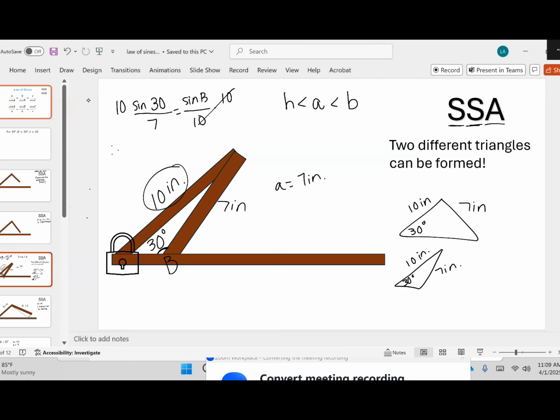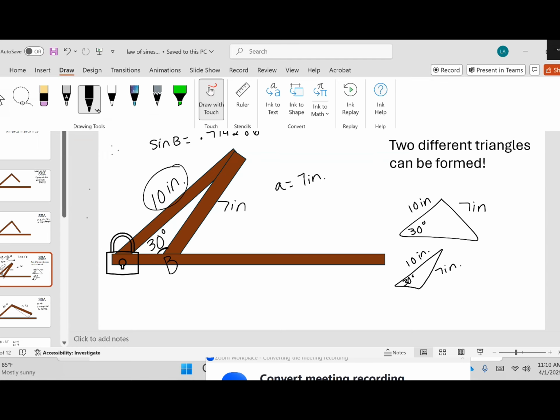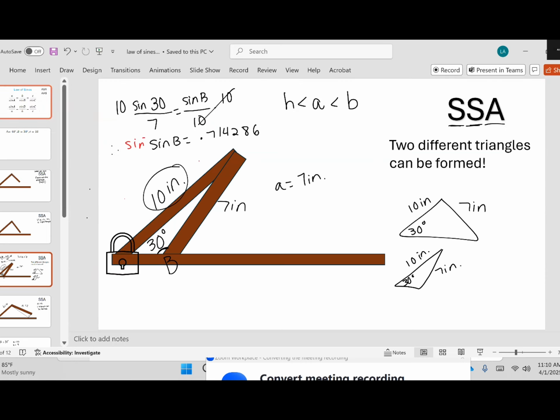Let's see what I get. You get sine of b is equal to 0.714286. All right, now just take the inverse of both sides. So take the inverse, that cancels, take the inverse of this. So if you type this into your calculator, let's see what you get. Sine inverse of 0.714286 is 45 degrees.